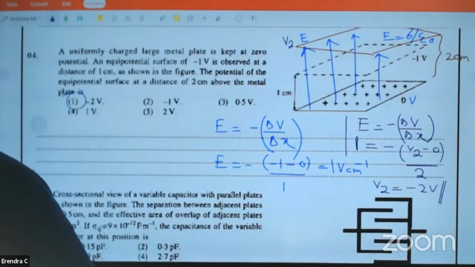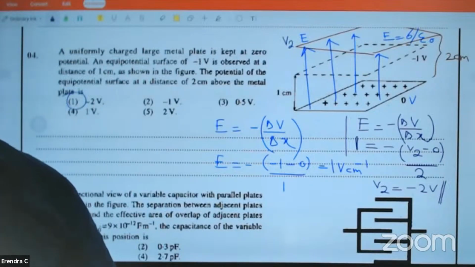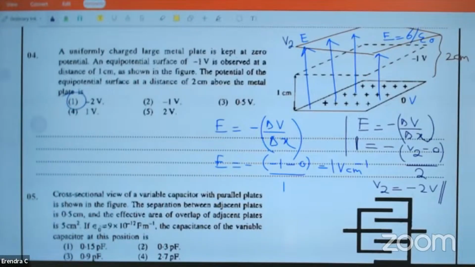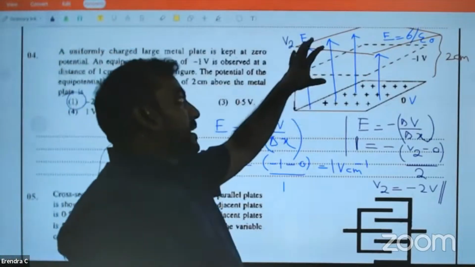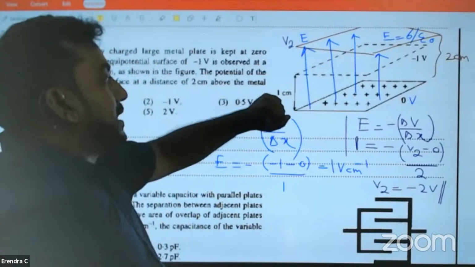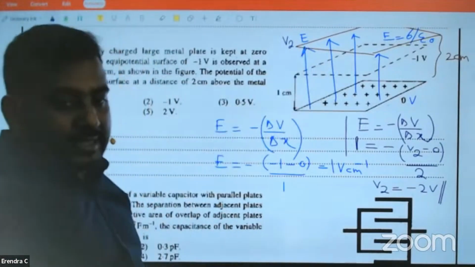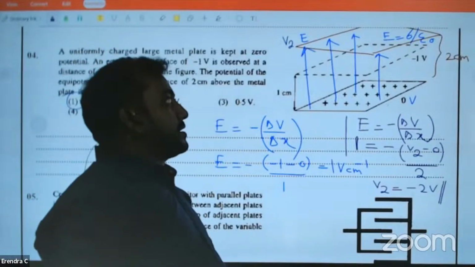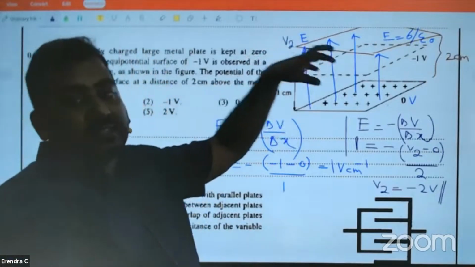For a uniformly charged metal sheet, the electric field strength is independent of the distance from the plate.